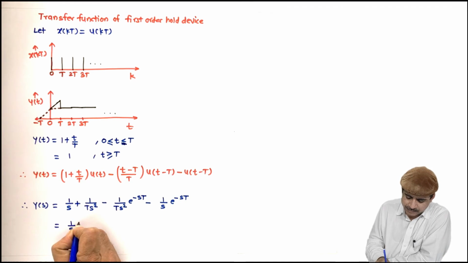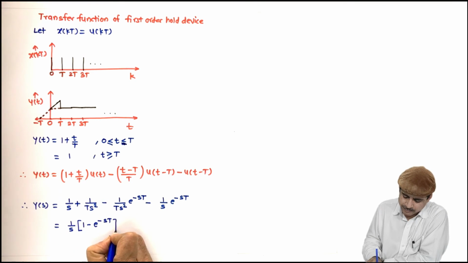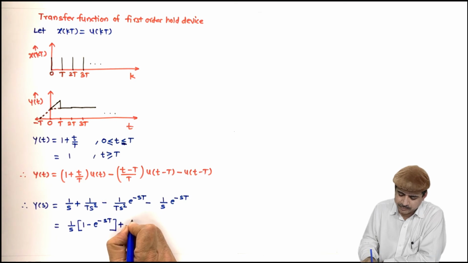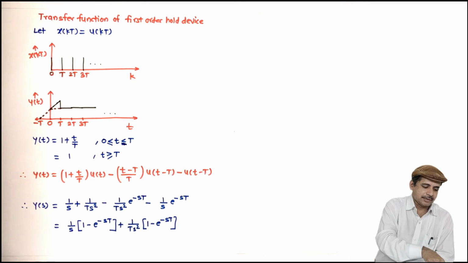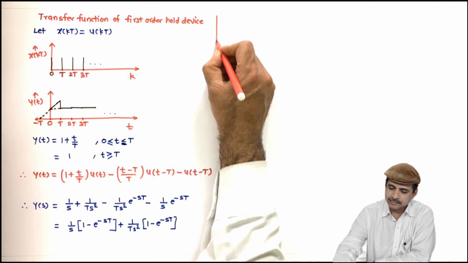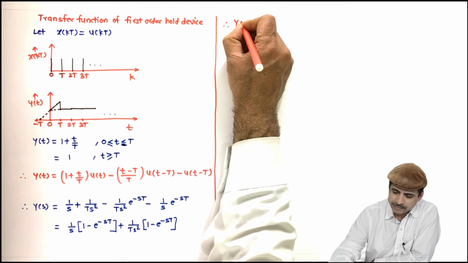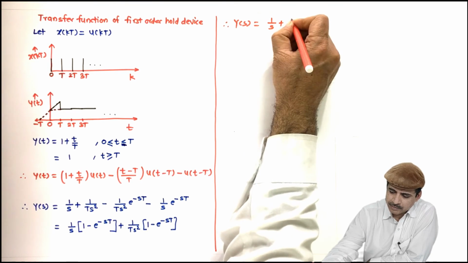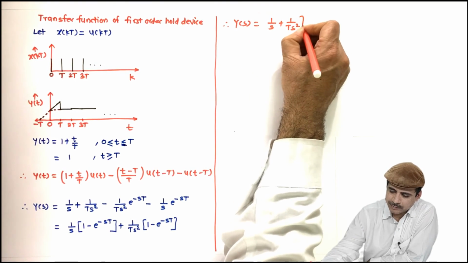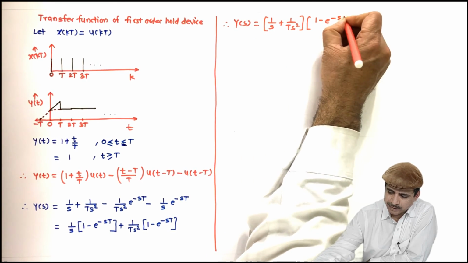So 1 by s into bracket 1 minus e raised to minus sT, plus I will take 1 by T s square common, 1 by T s square in the bracket 1 minus e raised to minus sT. And so what I can write is, y of s is equal to 1 by s plus 1 by T s square into 1 minus e raised to minus sT.